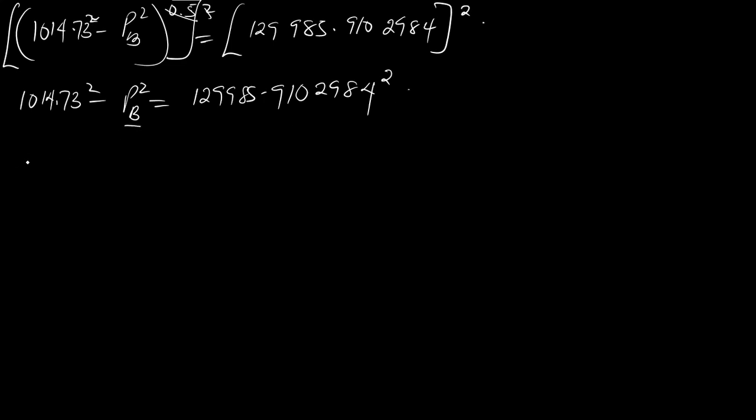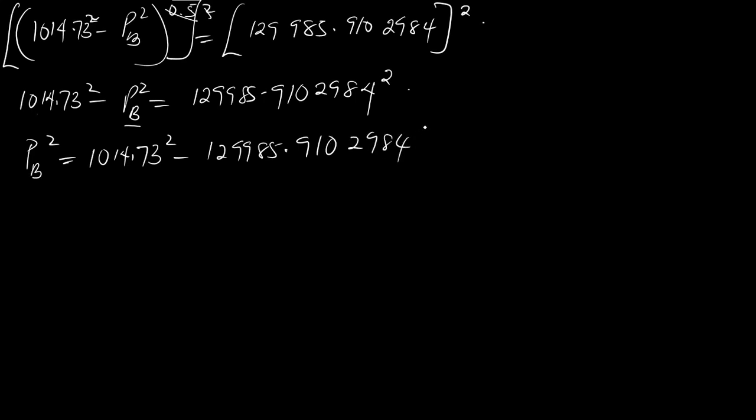Now making P at B square the subject of formula, you have P B square equal to 114.73 square minus 129,855.9102984 square.